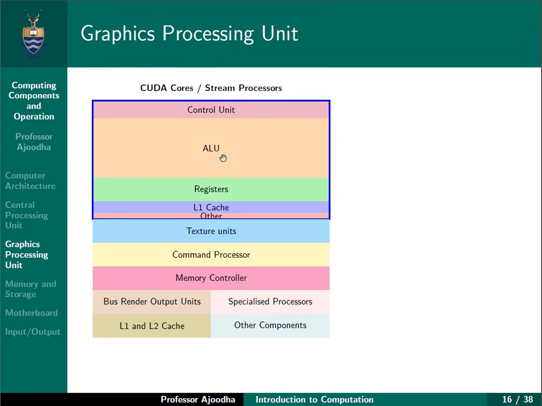Unlike the CPU, the GPU is designed for the rapid execution of a limited set of operations. Your CPU had many different operations. However, in a GPU, the CUDA cores, also called stream processors, comprise maybe half of the GPU, so 40 to 50%, and these are really the main processing units responsible for executing parallel operations.